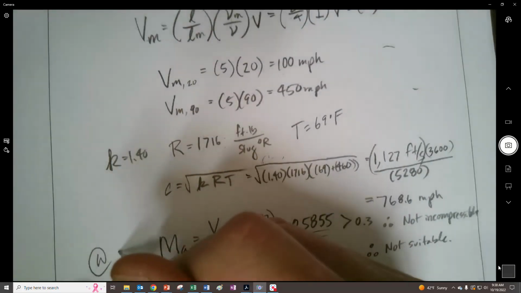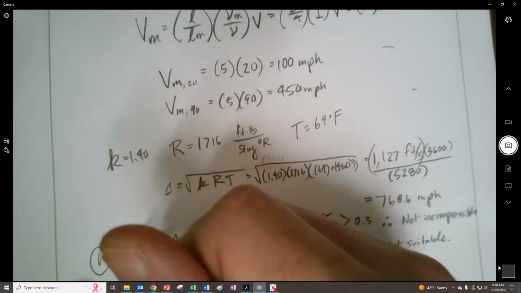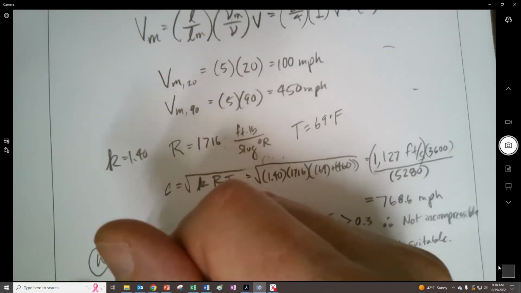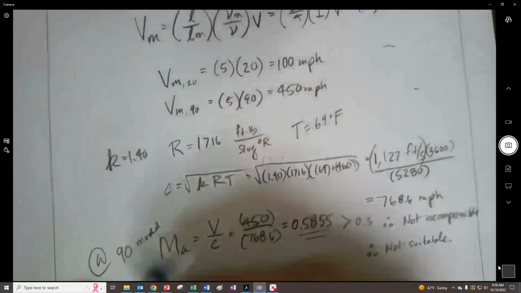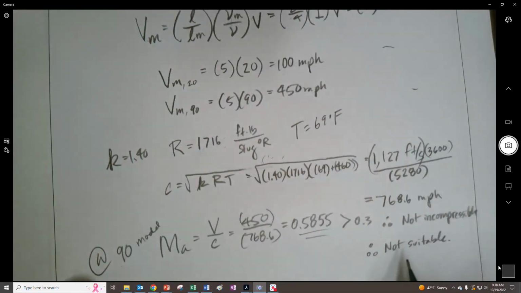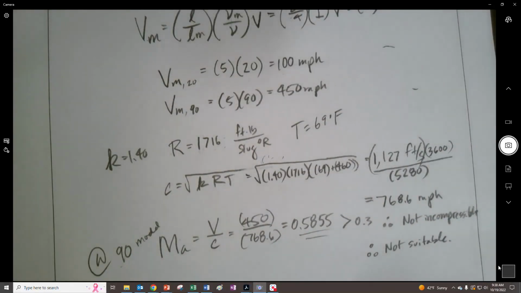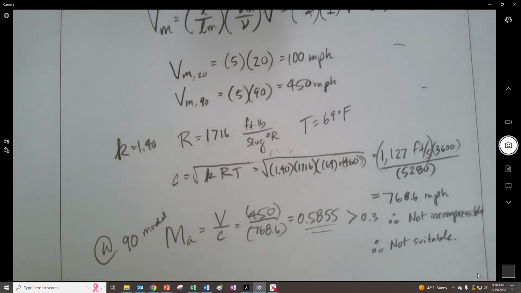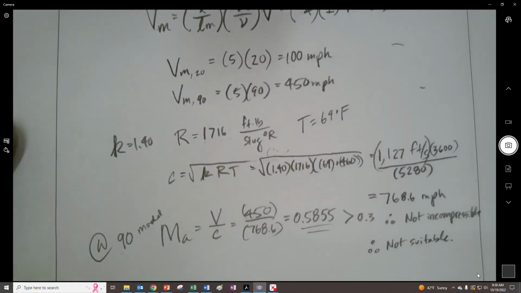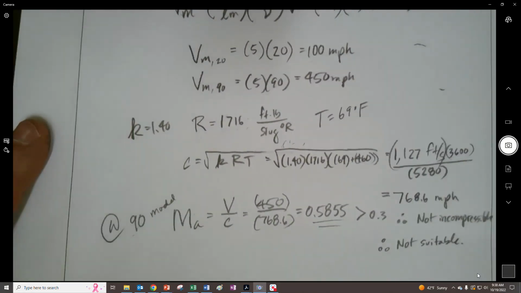So this is at the 20 miles per hour model, not the one modeling for 90 miles per hour. This is fine. At the 20 miles per hour, we get 0.13, so that would be fine for that one. Okay, so we'll move on to another video with some more examples.